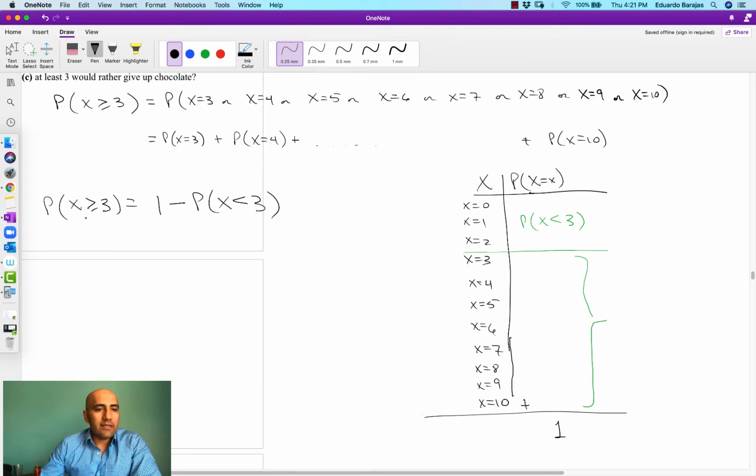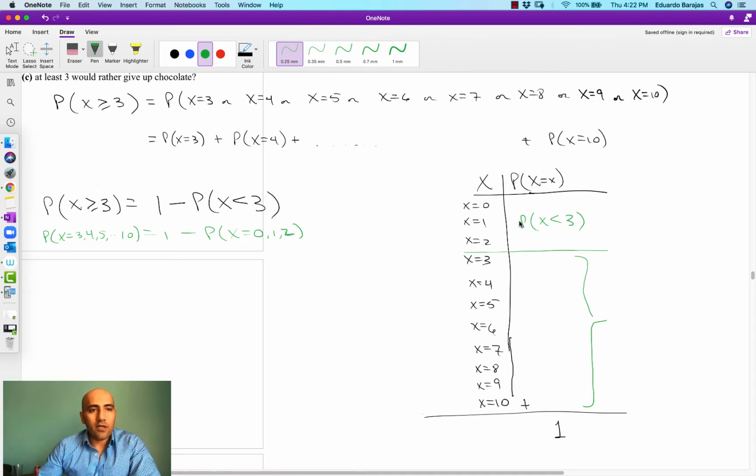Another way of looking at this, the probability that x equals 3 or 4 or 5, all the way out to 10, is equal to 1 minus the probability that x equals 0 or 1 or 2. Again, taking advantage of the fact that they all have to add up to 1. Good. So I don't have to add up all these individually when I already know the answer to this one.